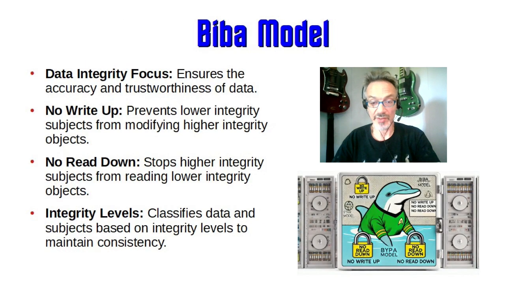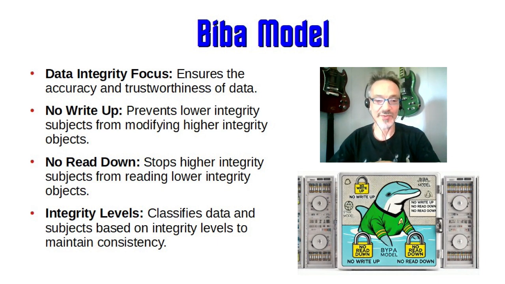The BIBA model, sometimes called the upside down Bell-LaPadula, its focus is on integrity. So the 2 properties are no write up, which prevents a lower trusted integrity user from writing something at a higher integrity rating, and no read down, preventing somebody at a higher integrity rating from reading a lower integrity data item.